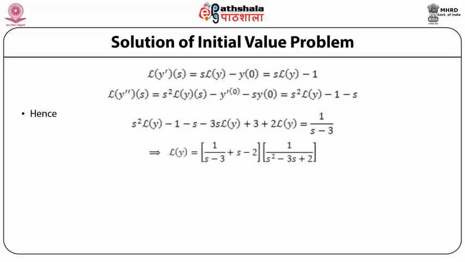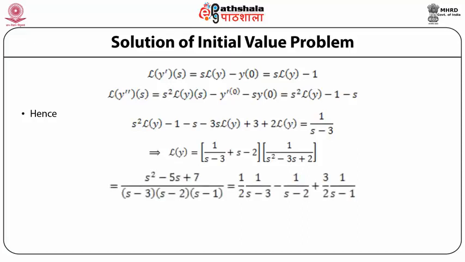This implies Laplace of y is equal to, within the square brackets, 1 by s minus 3 plus s minus 2, brackets close, multiplied by within the square brackets 1 by s square minus 3s plus 2.